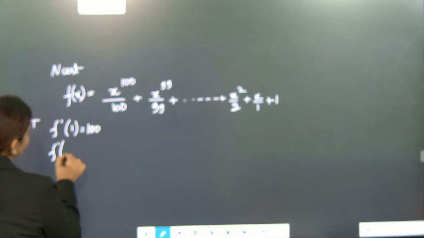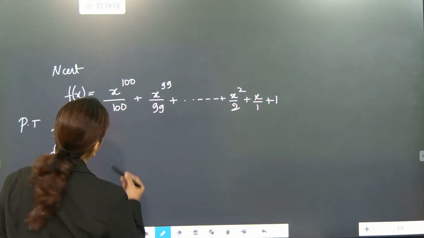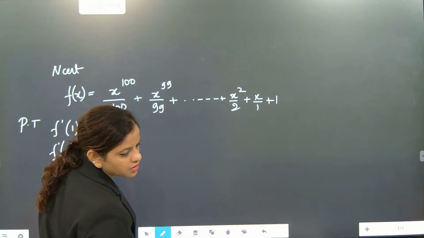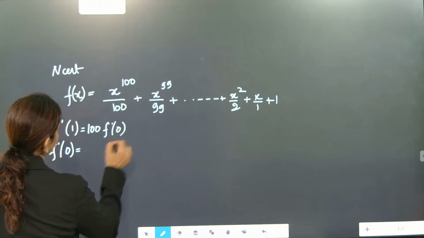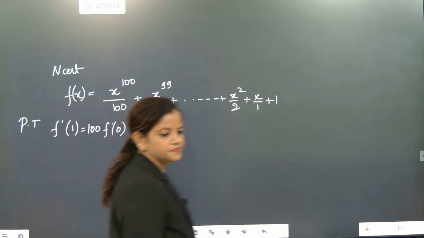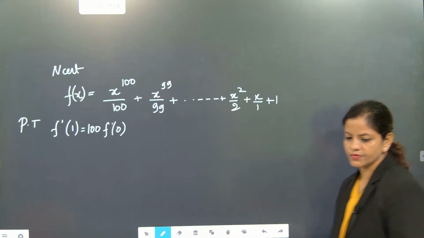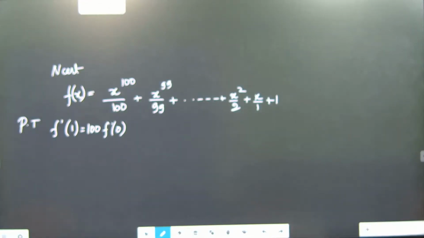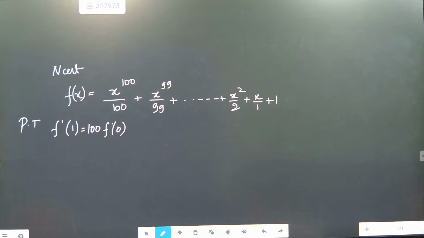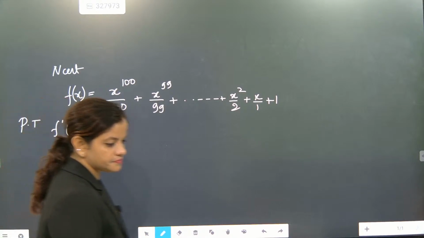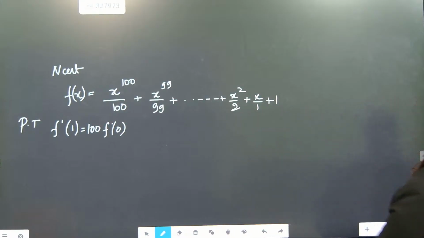And the second one is f dash 0 is equal to exactly what value? This we have to prove, and how we are going to prove it.